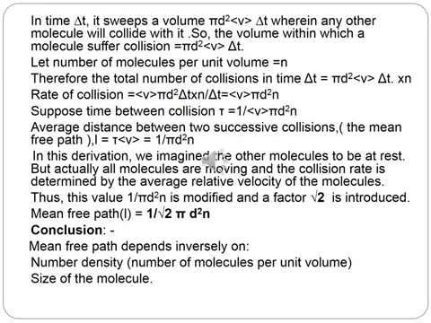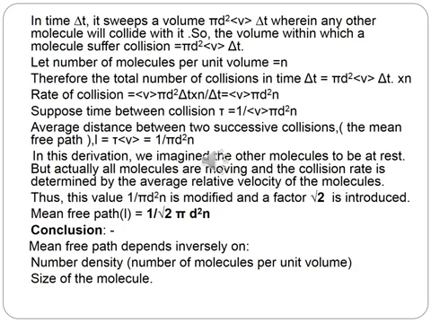It is equal to 1 by v pi d square n. Then the average distance between two successive collisions, or the mean free path, which is L, is equal to T into the average speed, which is equal to 1 by pi d square n. You know that distance is equal to speed into time.